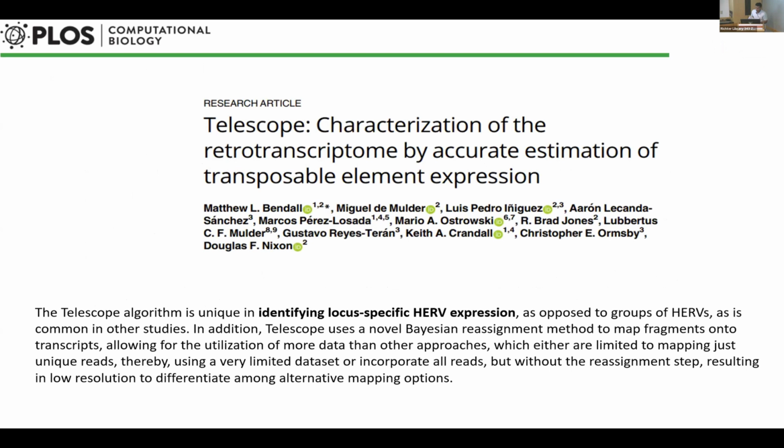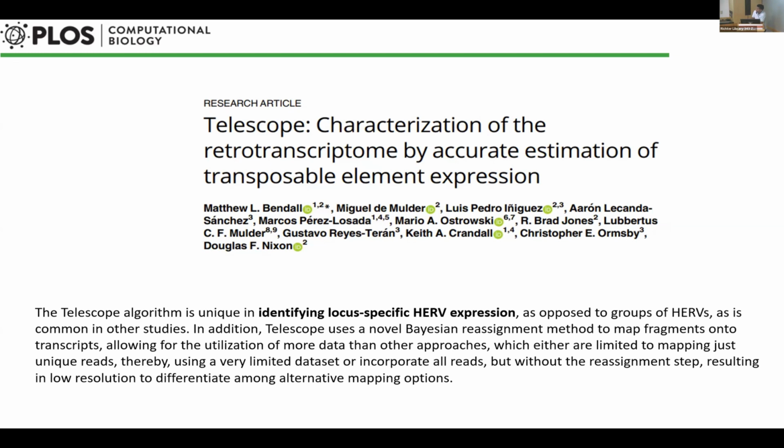Part of the reason why this area of study has been so understudied to date is because normally in publicly available RNA-seq data, transposable elements are not counted, and they're not annotated.